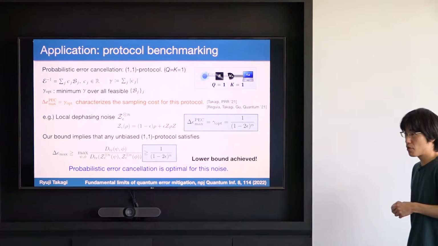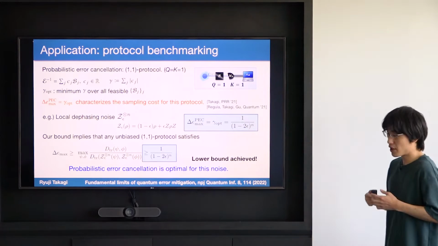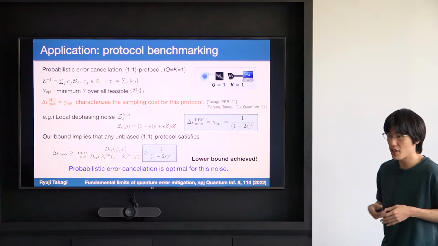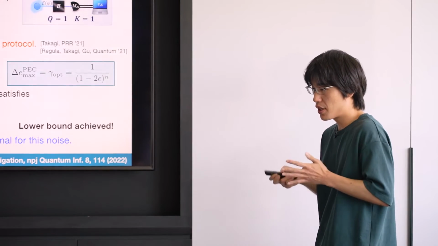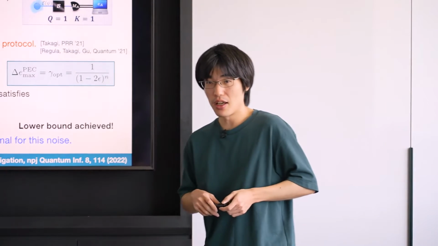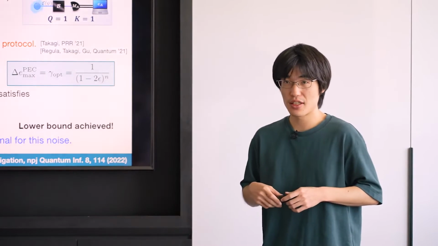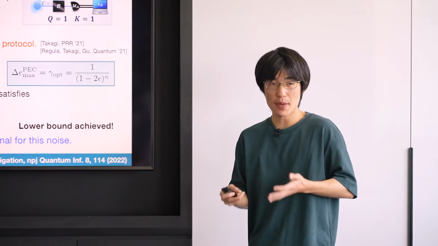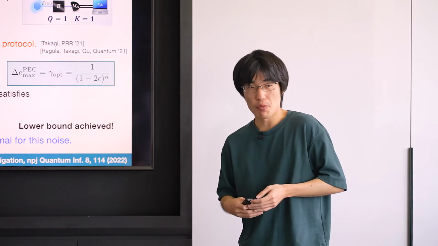Okay, so this was one result, but a bit abstract. What is the application of this idea? Let me bring up one theoretical application at least. I forgot to mention in the previous slide that one question we could ask is: can we say some optimality argument for a specific error mitigation protocol?